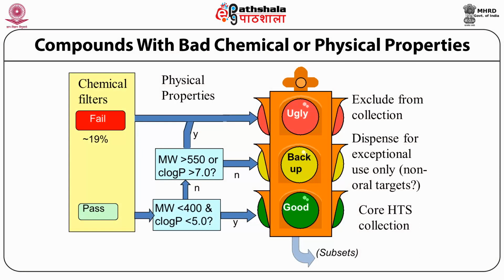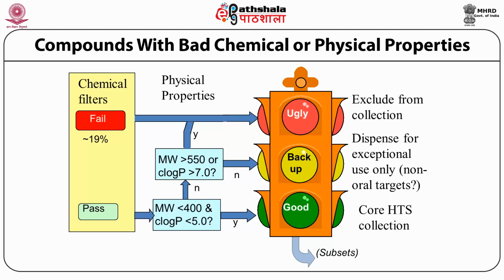What about compounds with bad chemical and physical properties? Is it useful to keep them? That means, what are the physicochemical properties? If a compound doesn't have a good chance of making it to a drug, we define it as not a very good compound, for example when the molecular weight is too large, or the compound is not miscible because of too much hydrophobicity.